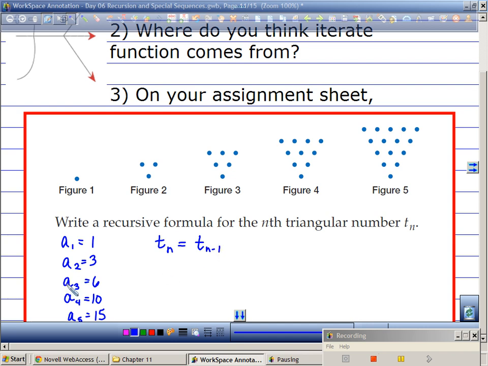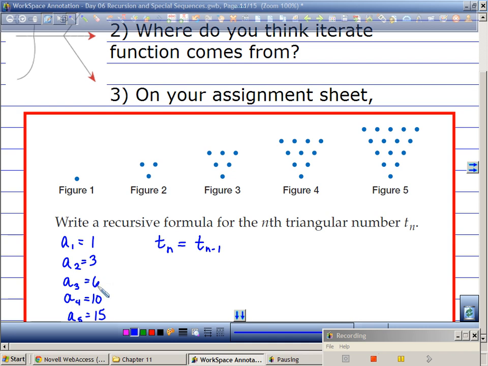So if I wanted a sub 3, I would add t sub n minus 1. What is t sub n minus 1? 3. What would I have to add to it? I would have to add 3. What was I trying to find?